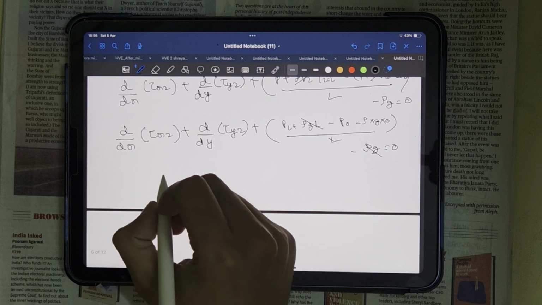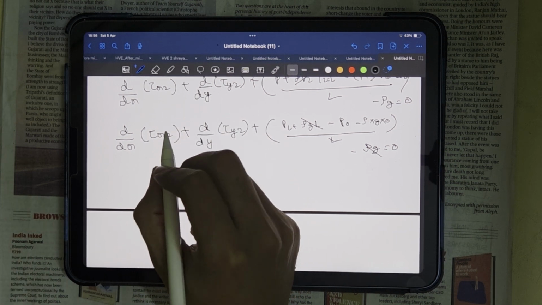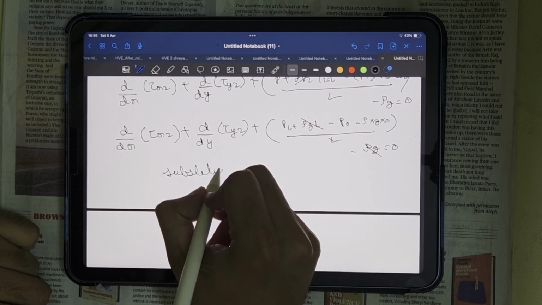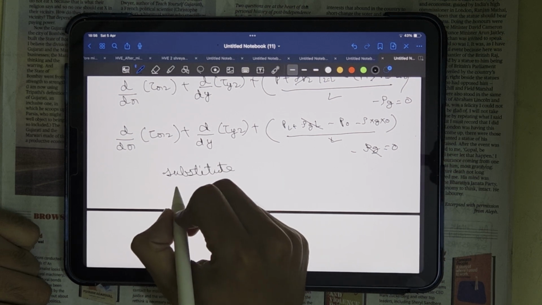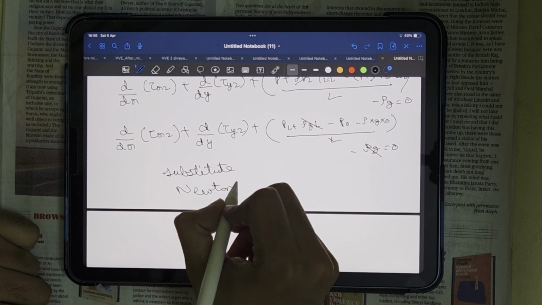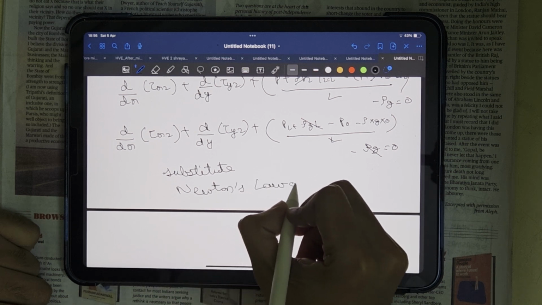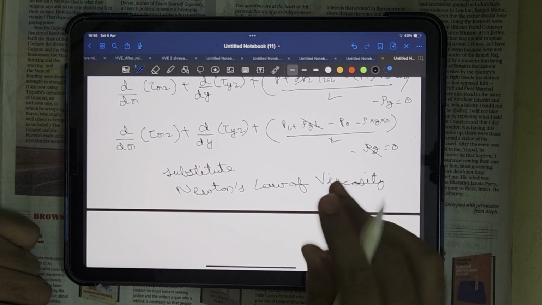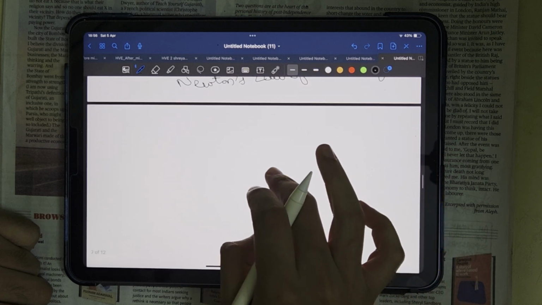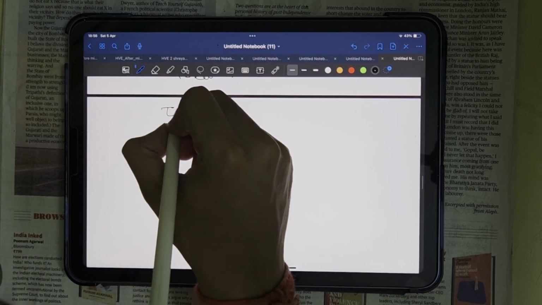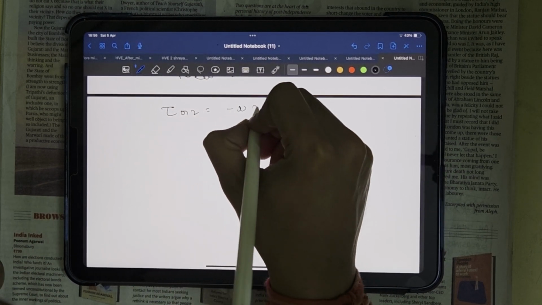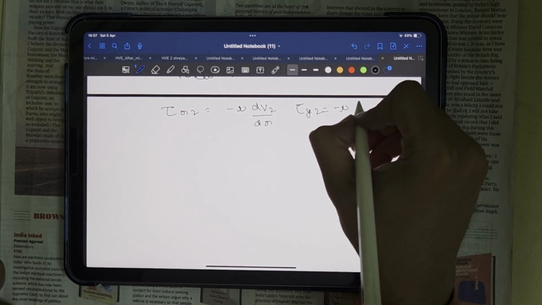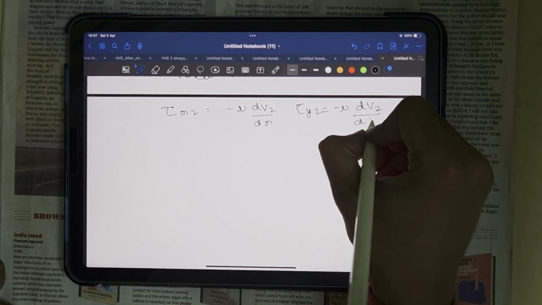And now we can substitute Newton's law of viscosity. So tau xz will be minus mu dvz by dx and tau yz will be minus mu dvz by dy.